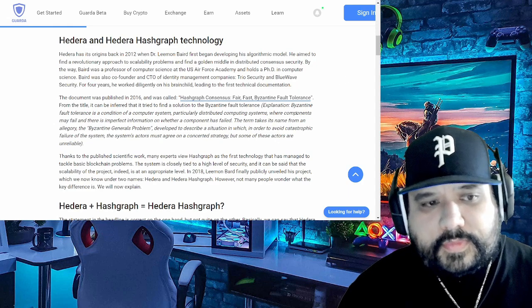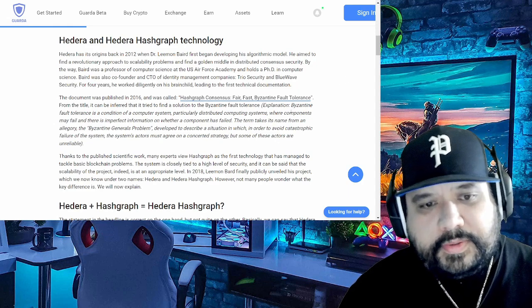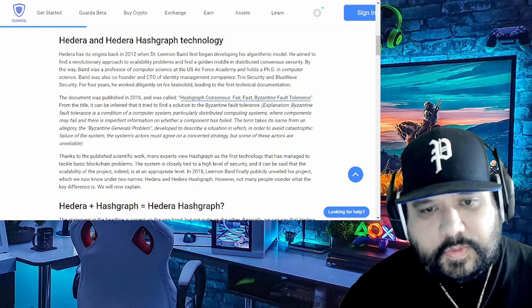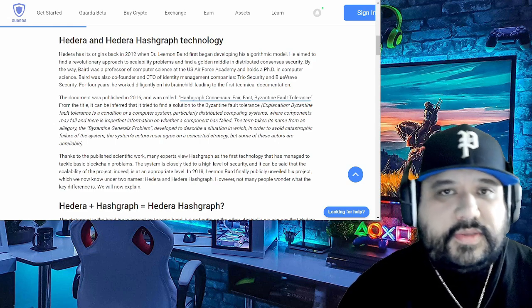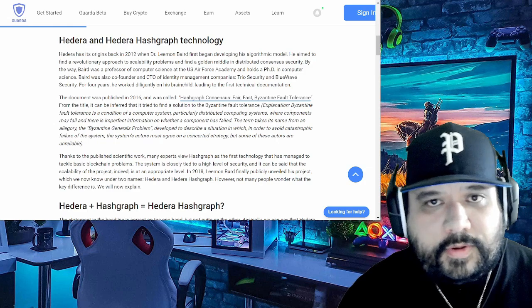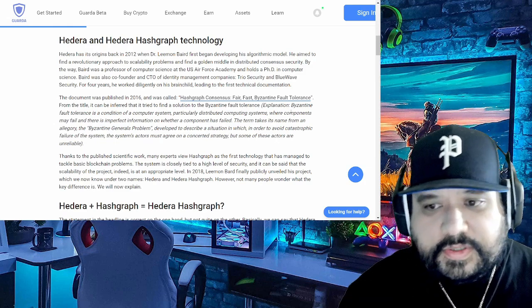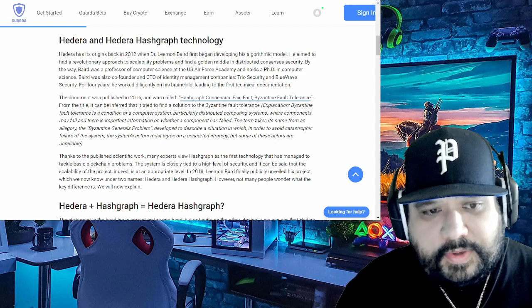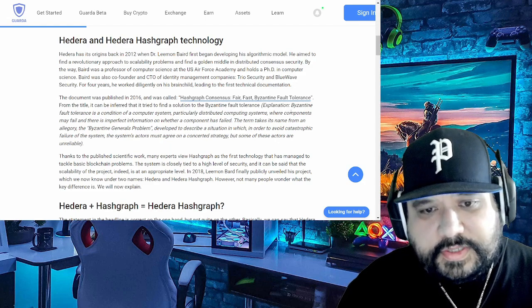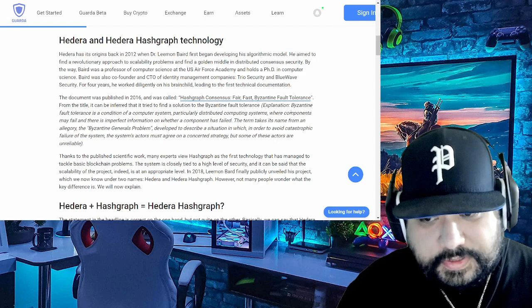Now, look at this. It says this document was published in 2016 and was called, listen to this, quote, Hashgraph Consensus. Great segue from where we just came from on that particular clip. It says fair, fast, Byzantine fault tolerance. From the title, it can be inferred that it tried to find a solution to the Byzantine fault tolerance.